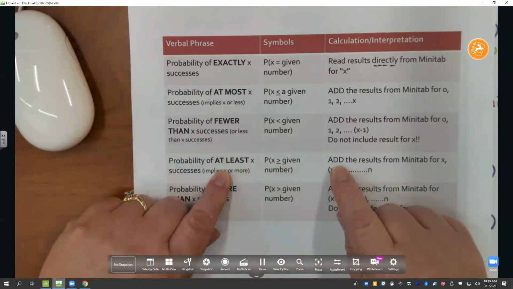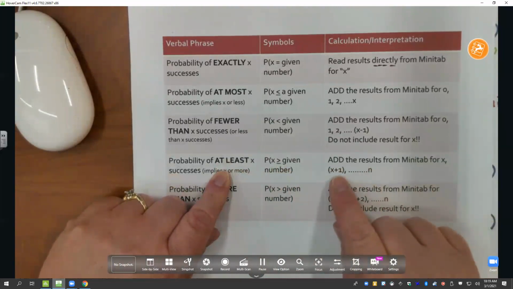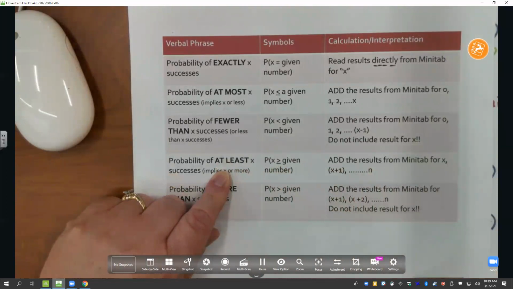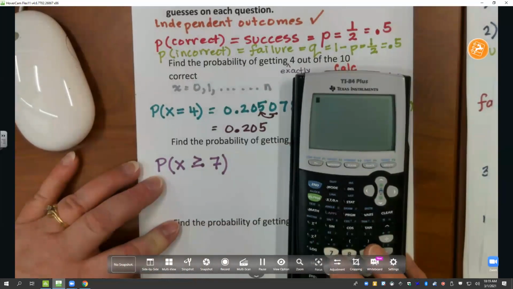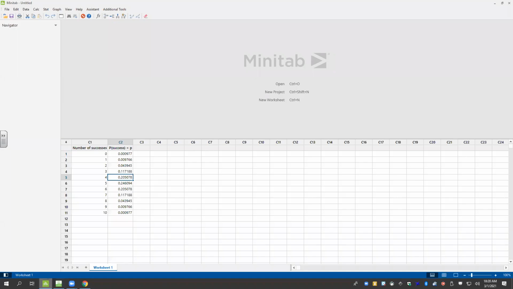It says add the results from Minitab for X, X plus 1, all the way up to N. So in our case, that means we want to add the values for 7, 8, 9, and 10. Now, there are 2 ways to do that. One way is to use your trusty dusty calculator. And very carefully type in the numbers from Minitab for 7, 8, 9, and 10.